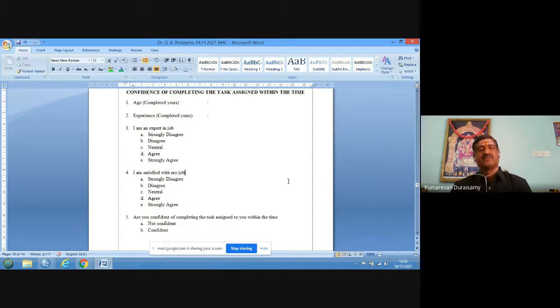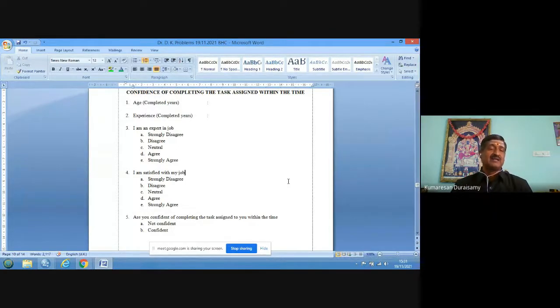See here, confidence is considered as the dependent variable. The others are considered as independent variables: age, experience, I am an expert in my job, I am satisfied with the job. These four are independent variables.